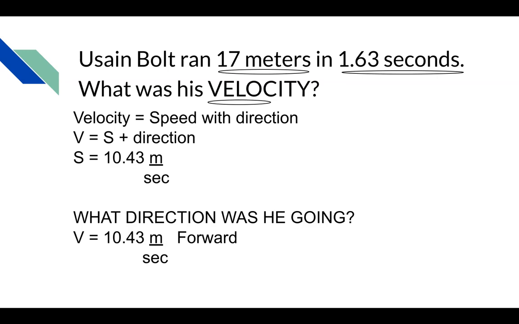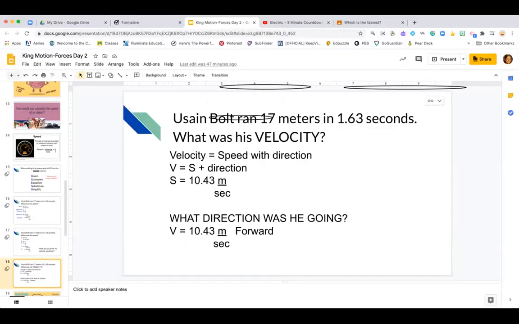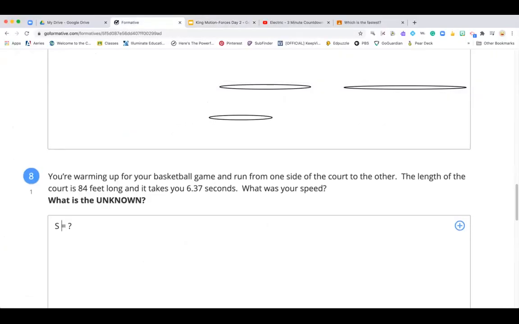Do you guys still need these notes? Yes or no? Click in the participants box. Do you still need these notes? Yes or no? Because I'm going to change my screen now to Go Formative. All right, it looks good. Looks like everybody's saying no. So now I go to my Go Formative.